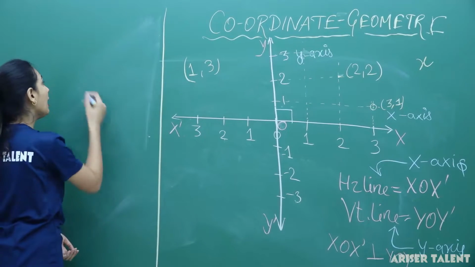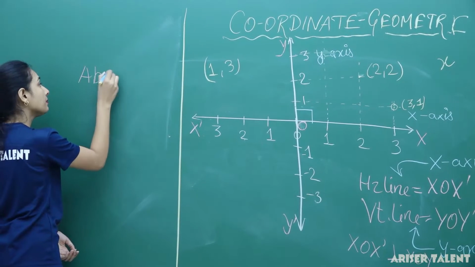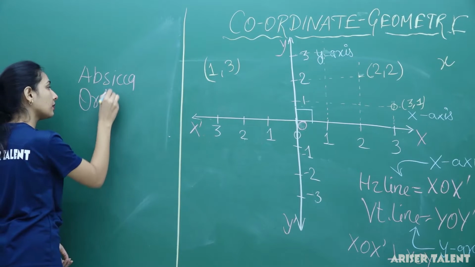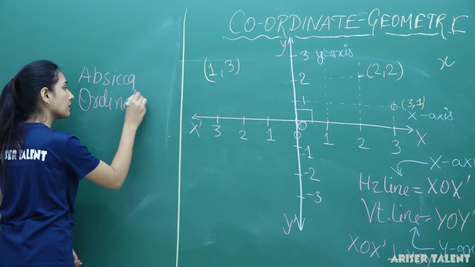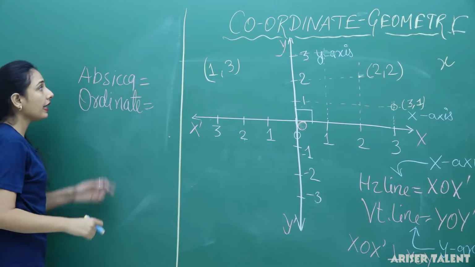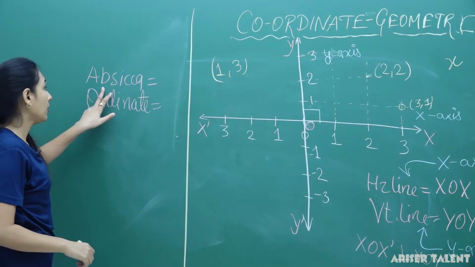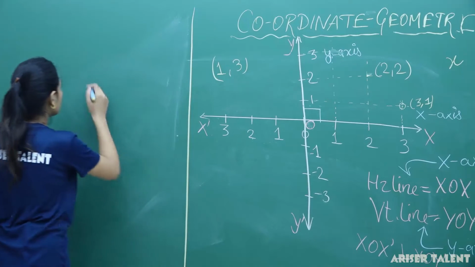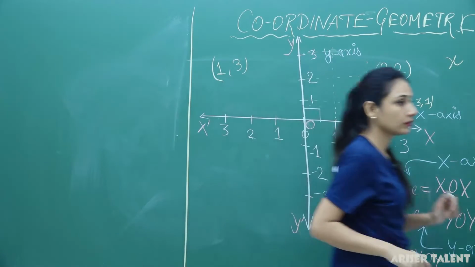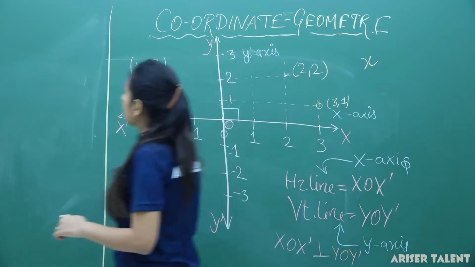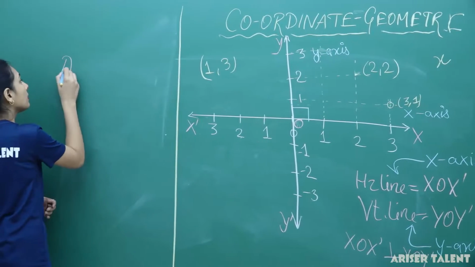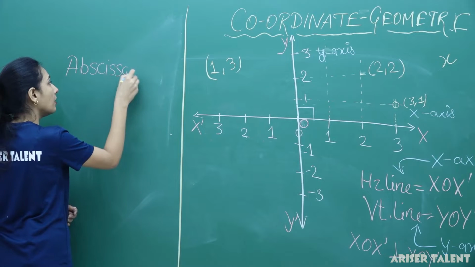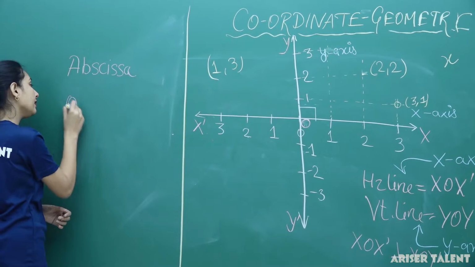Right, so we are having abscissa and ordinate. Right, abscissa. Basically, abscissa. Okay, so basically like this, abscissa. Right, and the second thing is ordinate.